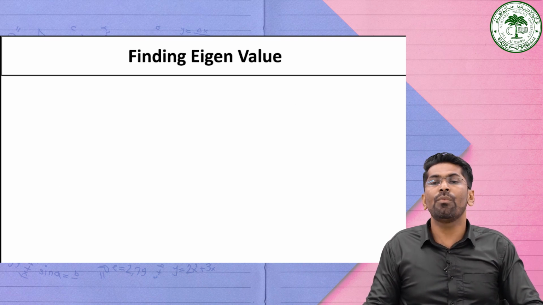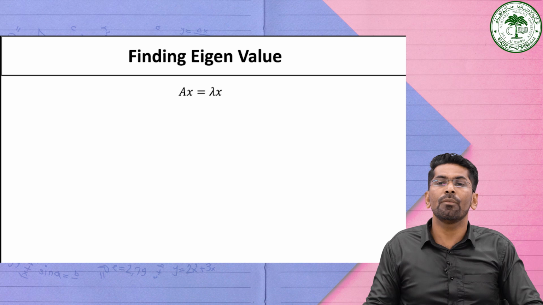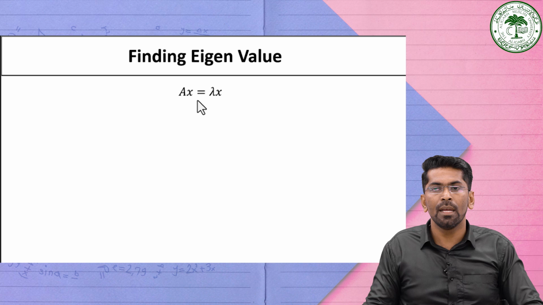So here, how to find the eigenvalue? In order to find the eigenvalue, we use the formula for determining the eigenvalue. We can start with the definition of the eigenvector, that is Ax is equal to lambda x. Here A is the matrix, x is the eigenvector and lambda is the eigenvalue.